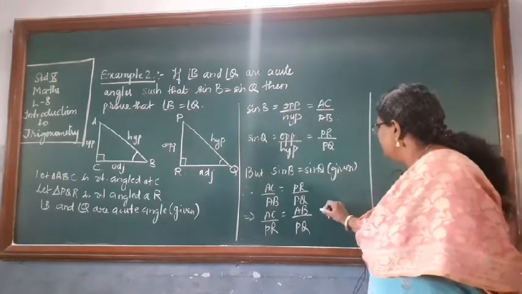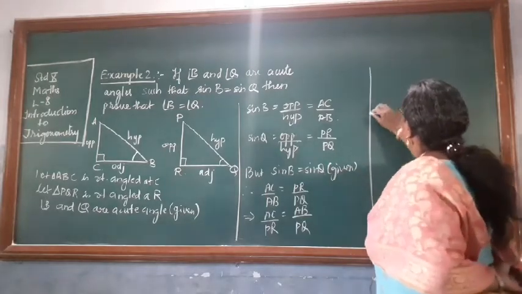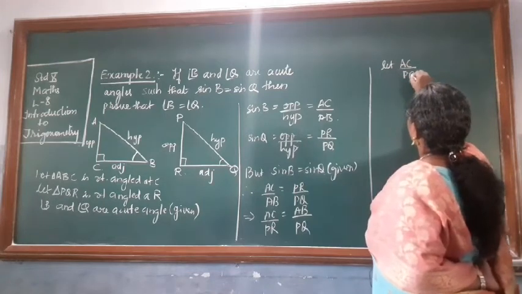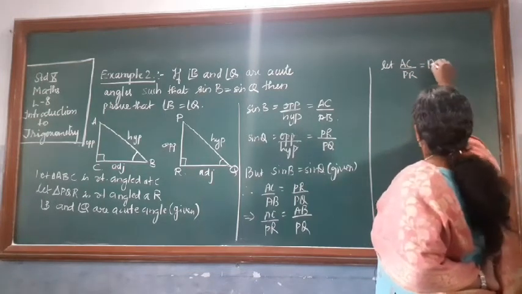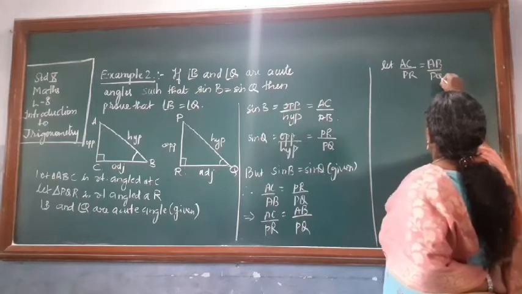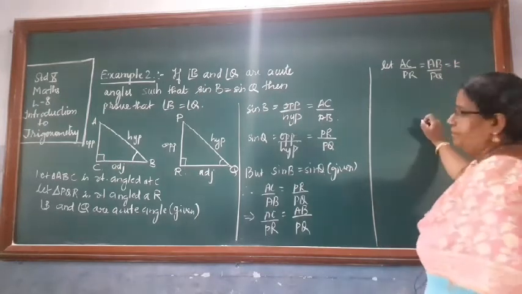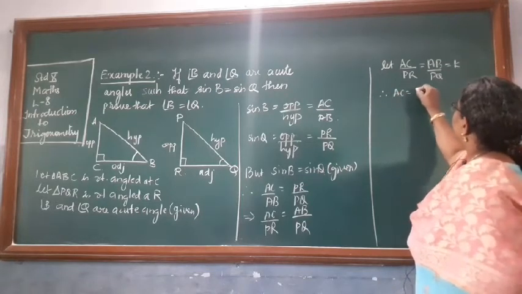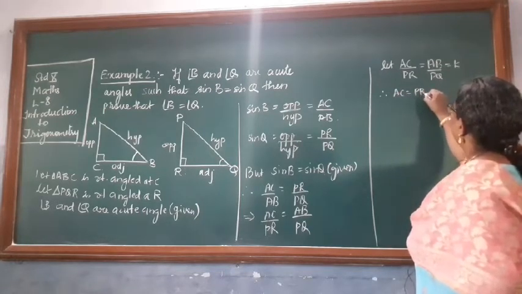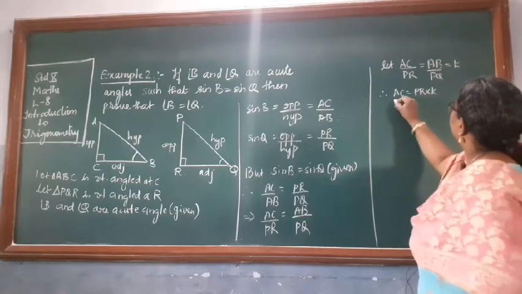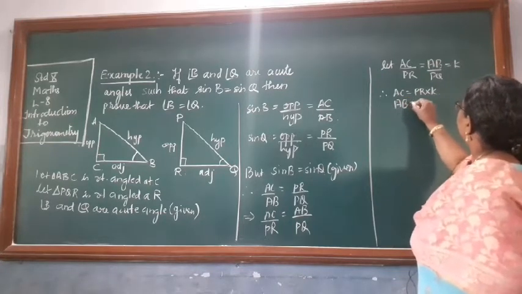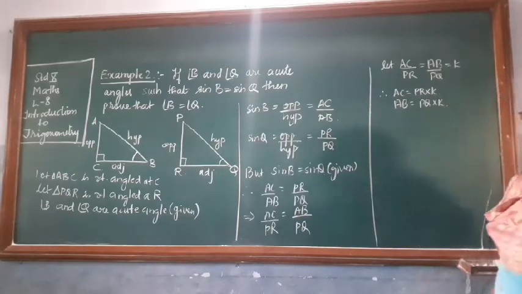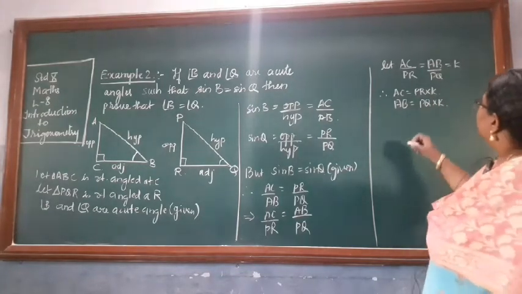So let me write here, let AC by PR is equal to AB by PQ, let it be equal to K. Therefore AC will be equal to PR into K and AB will be equal to PQ into K.